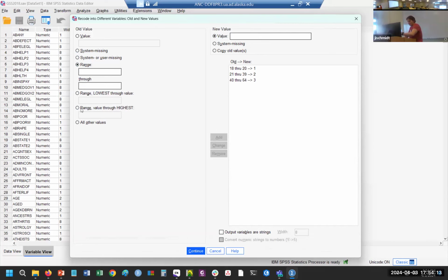And then I think this was 65 through the greatest, and I think I called this a 4. One thing I told Claudia here in class is with the system missing, I usually do both of them. So system missing, system user missing, I usually add both of those. Make sure my bases are covered as far as system missing goes. Okay?